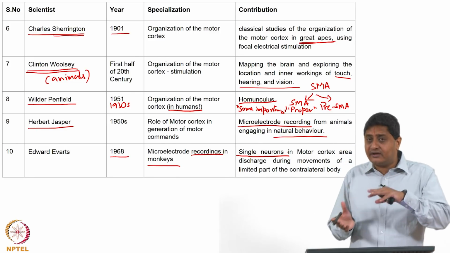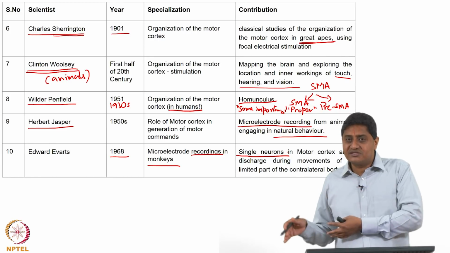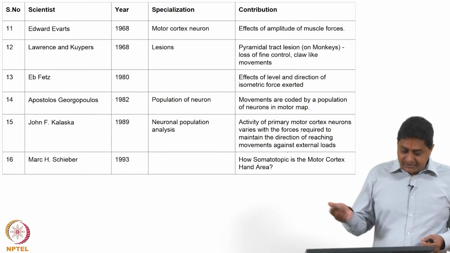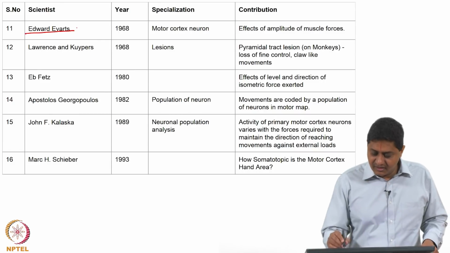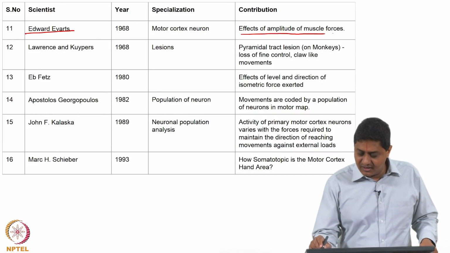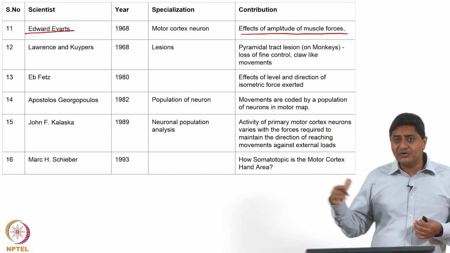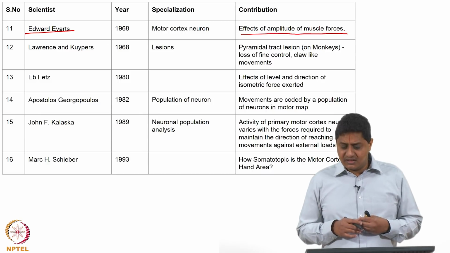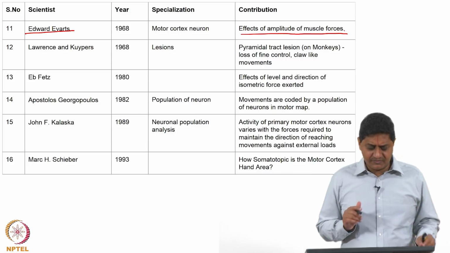So, he correlated activity of individual neurons with movements made by specific parts of the body. Further, what was also found was that there was a good correlation between the amplitude of the force that was produced and the activity that was observed in specific neurons within M1.